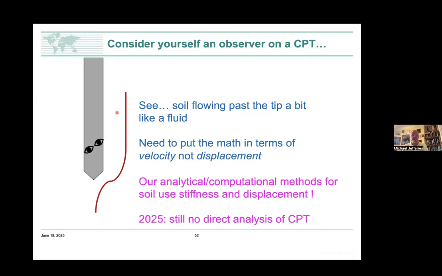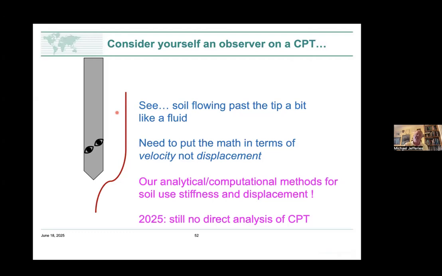There are some methods coming in called material point methods or the particle point method, where people are beginning to get close to this. But as a practical engineer, I do not see a finite element program or a program I can put some properties in and push a button. It tells me what my calibration is for the CPT.